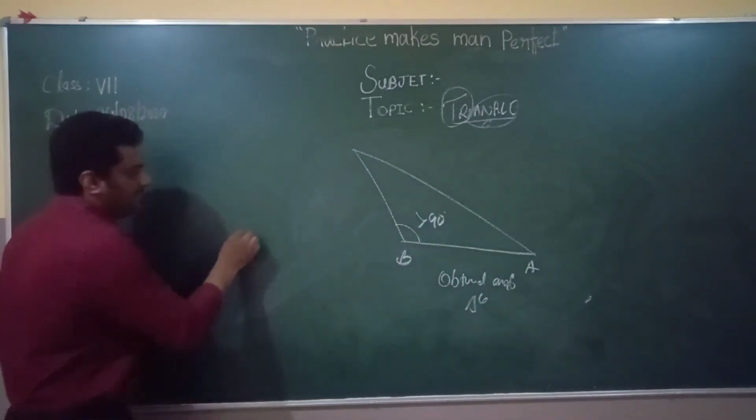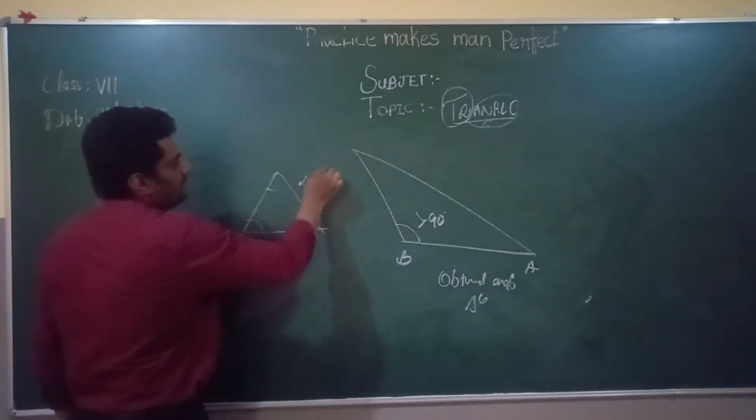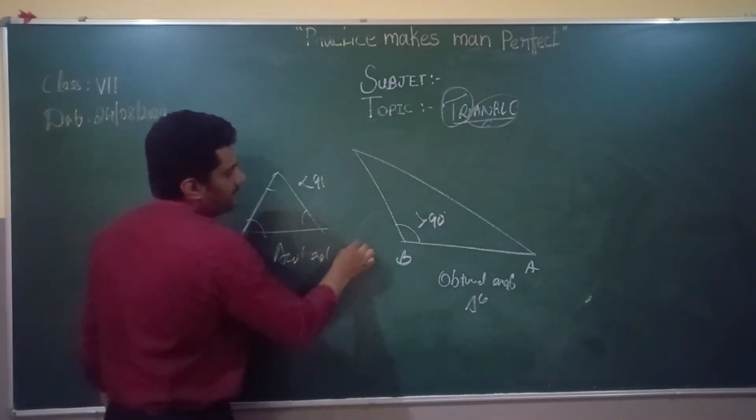Similarly, if I have a triangle with all angles less than 90 degrees, it is an acute angle triangle.